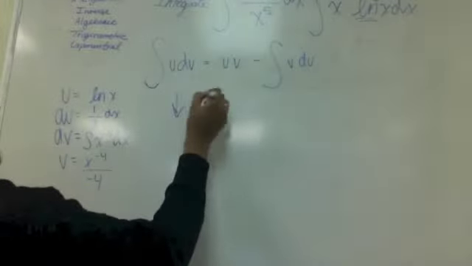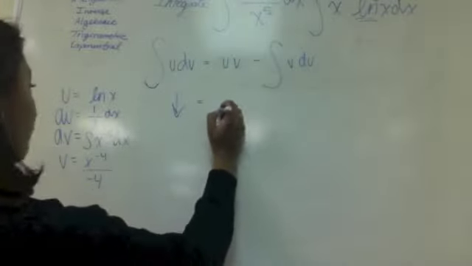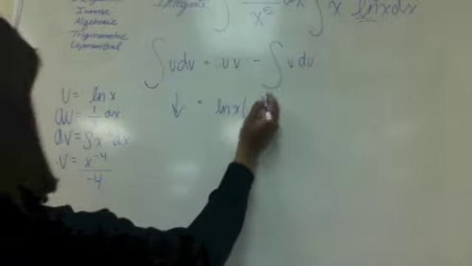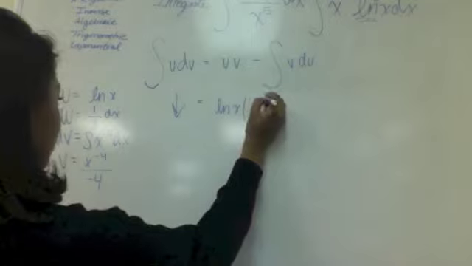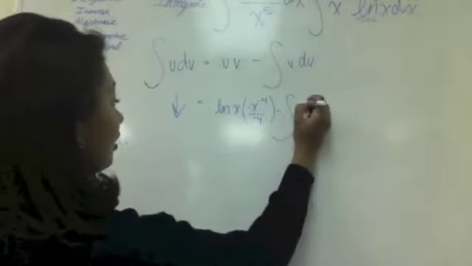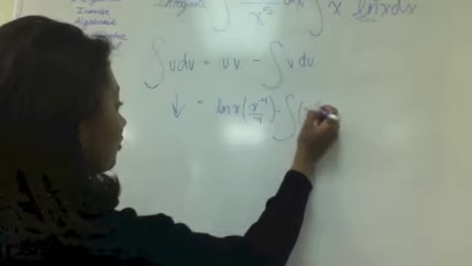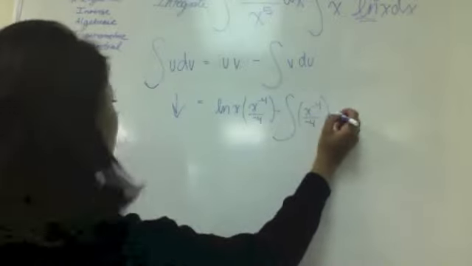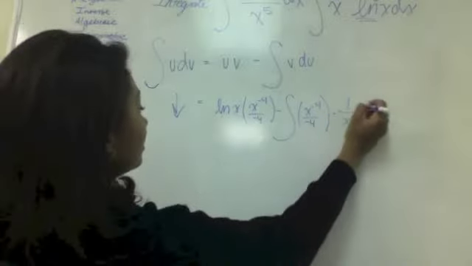So we have the natural log of x times x to the negative fourth over negative 4, minus the integral of x to the negative 4 over negative 4 times 1 over x dx.